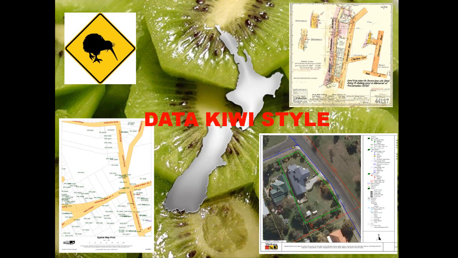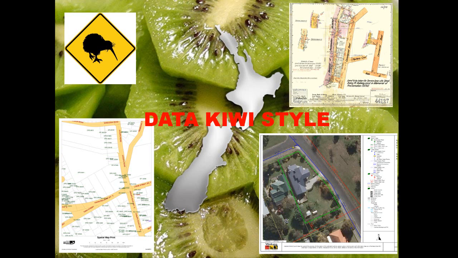Down in the bottom right hand corner we can see a GIS print from the Waikato District Council. This is focused on the house here at 10 Carlton Avenue, and you can see that it gives an idea of the boundaries, and it also gives an indication of some of the as-built services that the council is responsible for.